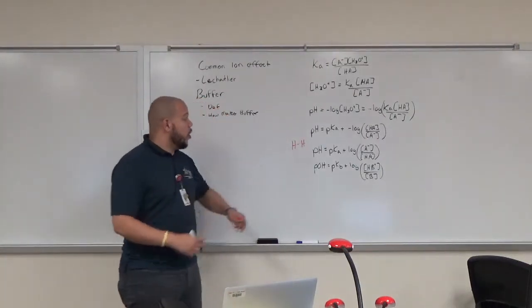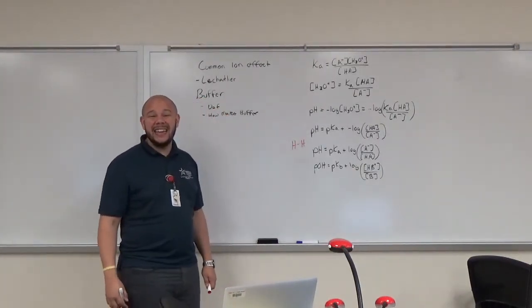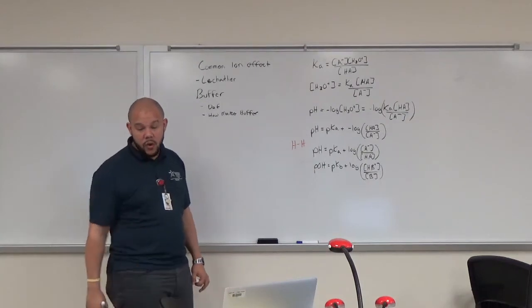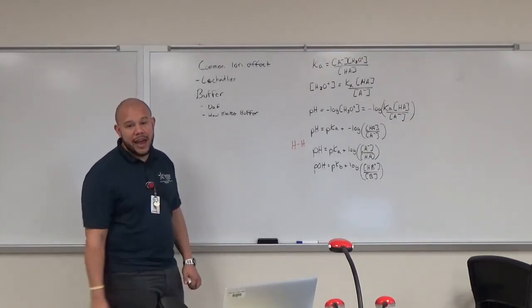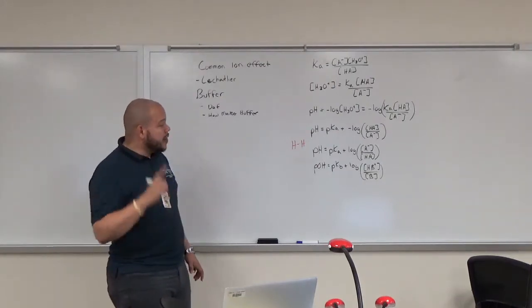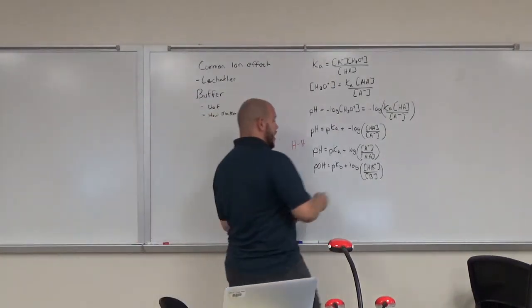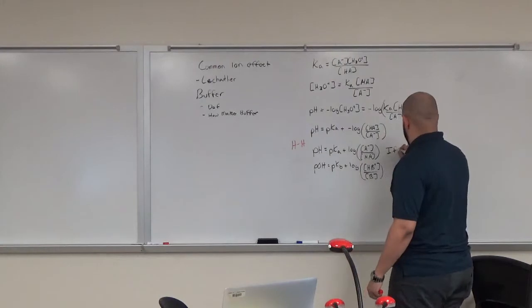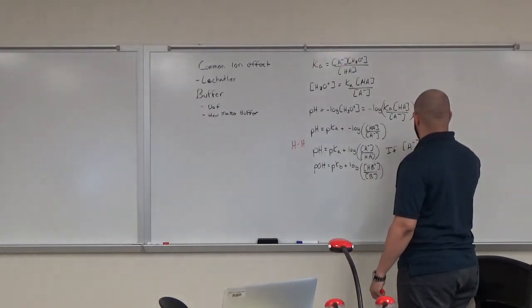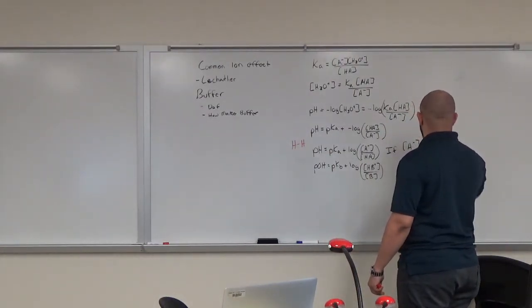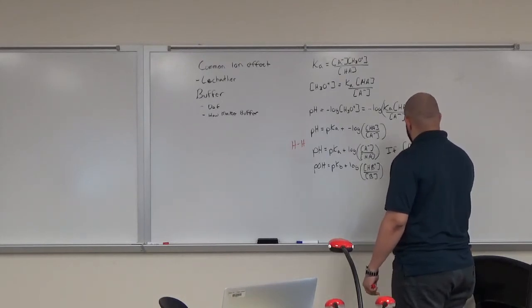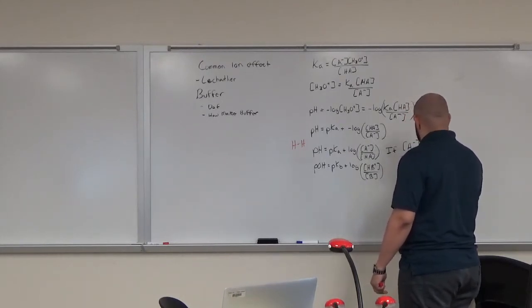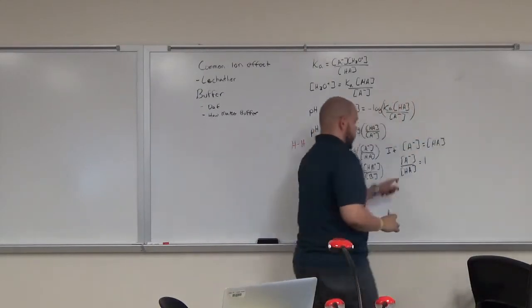Now, this goes back to a question on number 4 on the in-class worksheet. Being able to use Henderson-Hasselbalch, there's one thing that makes this simple: if the concentration of A minus is equal to the concentration of HA, then A minus over HA is equal to 1.